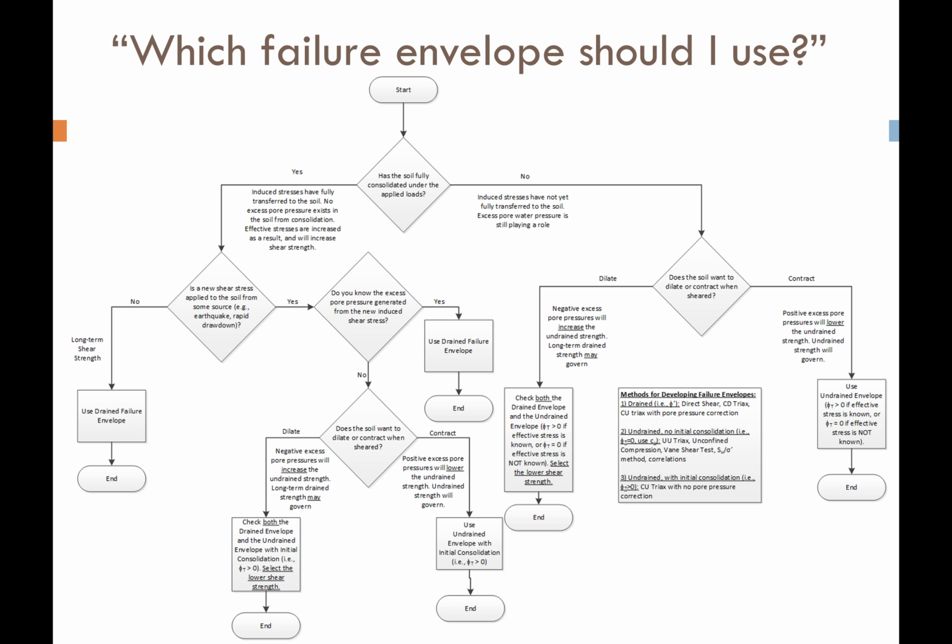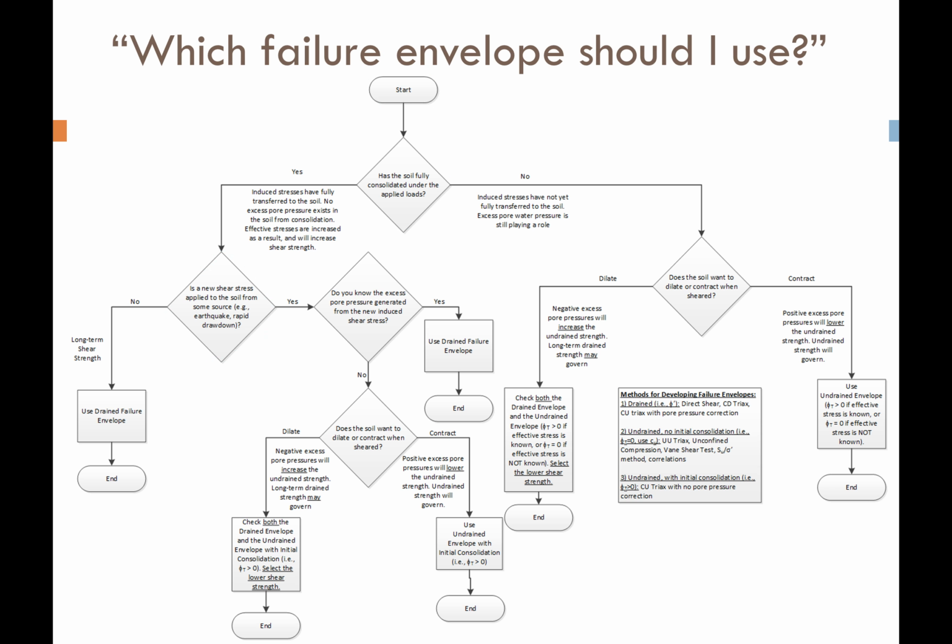So basically you start here and you just work your way down through the different questions. And you'll see that there are different stages or different questions. The first question has to deal with whether the soil consolidated under the applied load. The next questions have to do with, are there any additional loads that are applied after the soil is consolidated?